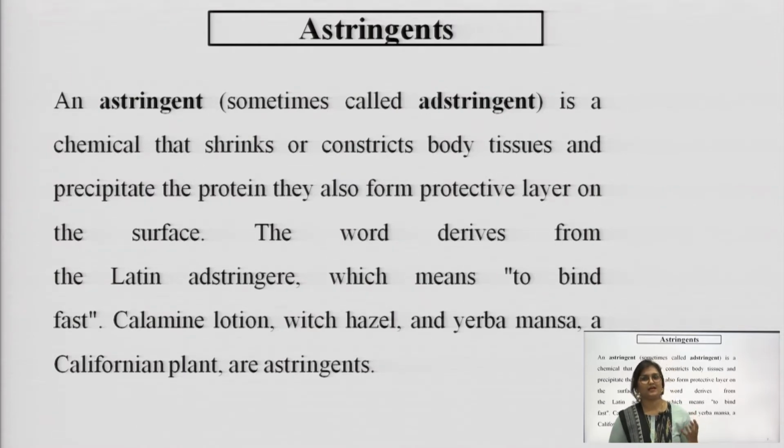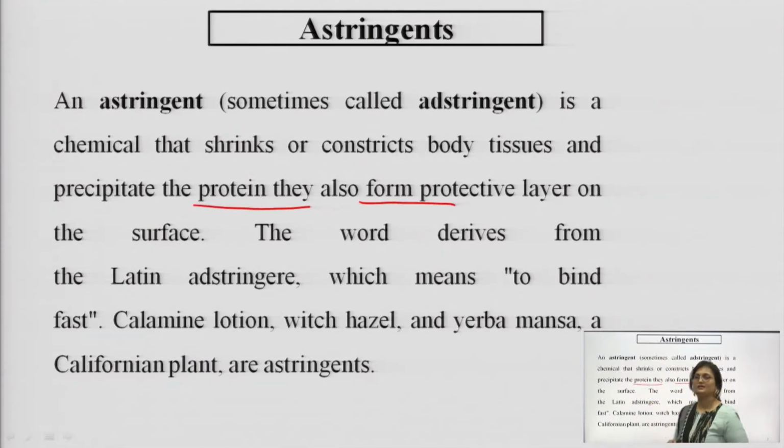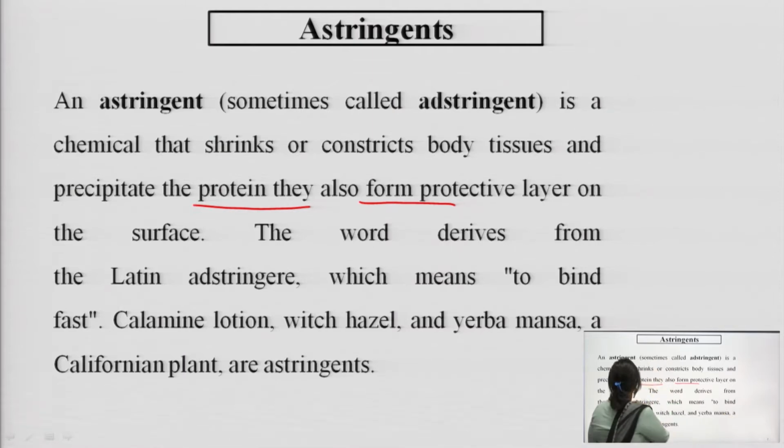They have a shrinking or constricting effect on the tissues of our body. They precipitate protein, leading to protein precipitation. They also form a protective layer on the surface of our body.